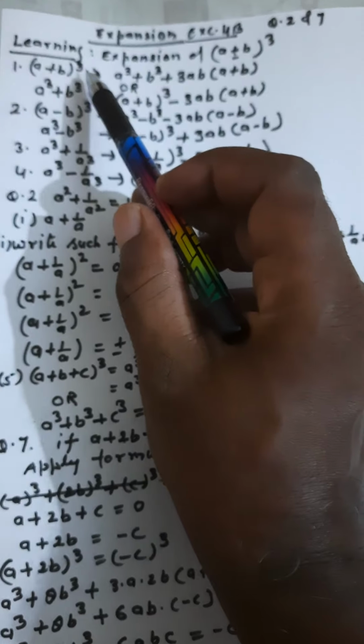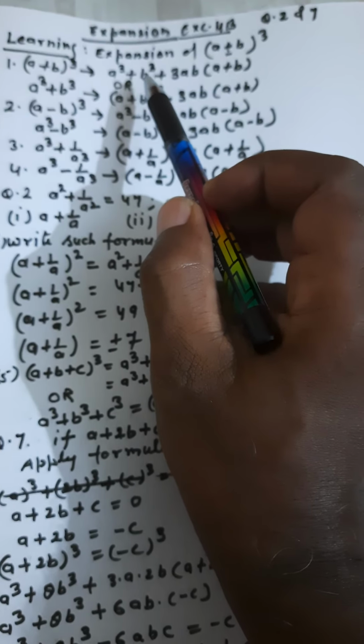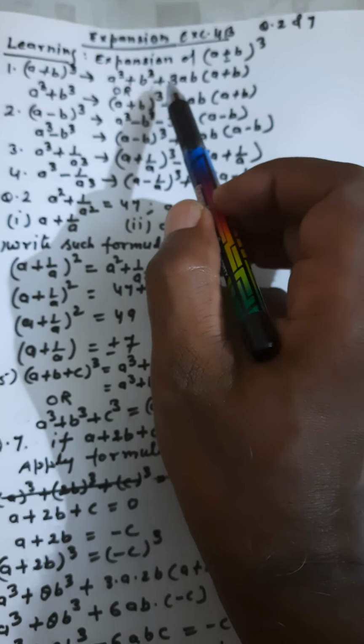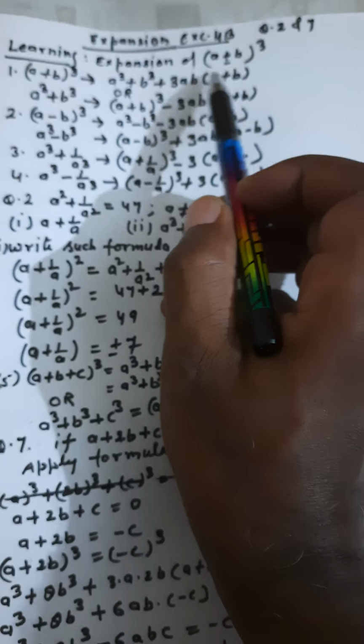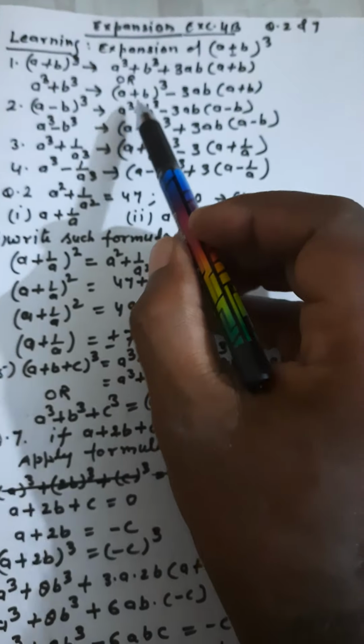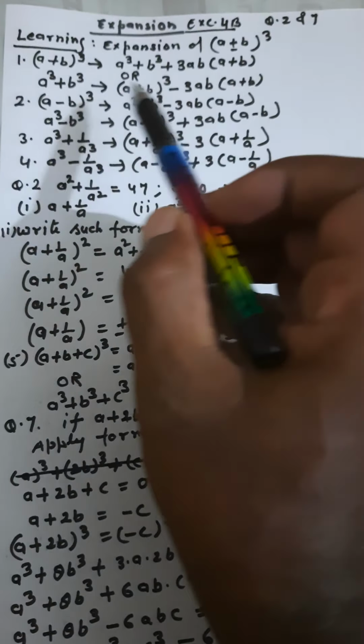Means in the previous formula, if we are going to find a³ + b³, then this +3ab(a + b) will go to the left hand side. So it will become (a + b)³ − 3ab(a + b).